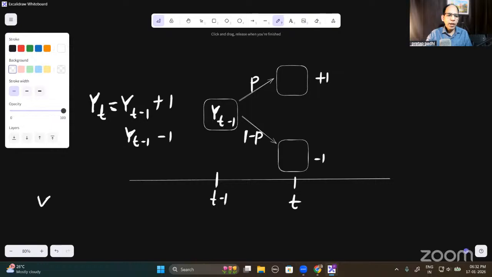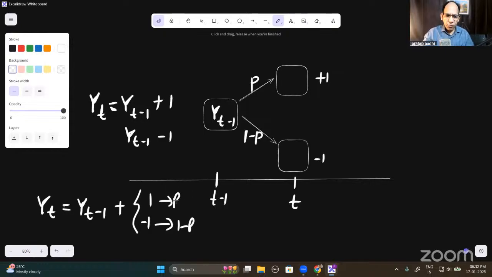So we can write yt is equal to yt minus 1 plus 1 with probability p, or minus 1 with probability 1 minus p. This is a probability distribution. Now if p is 0.5, then this will be symmetric. Otherwise, this will be a normal simple random walk. Symmetric means p takes 0.5.